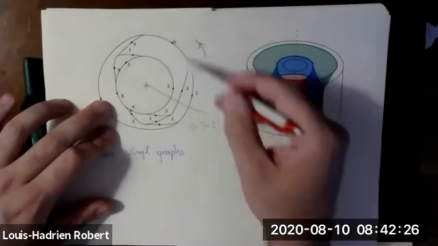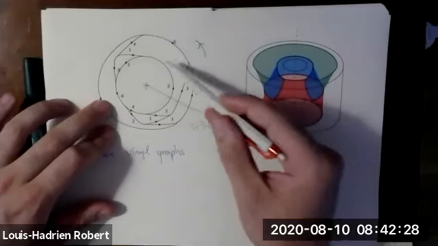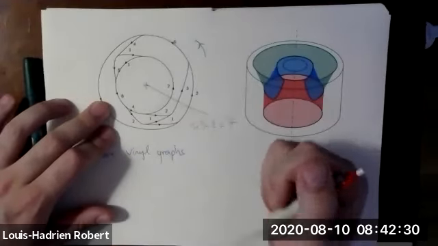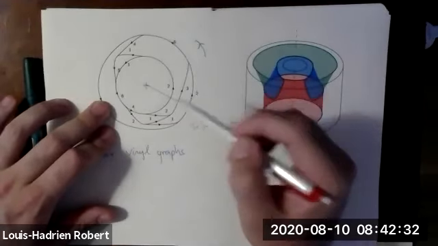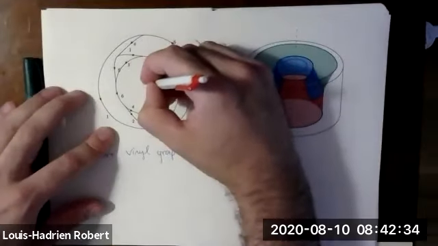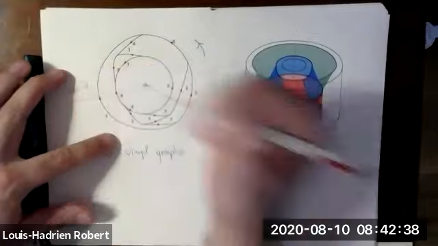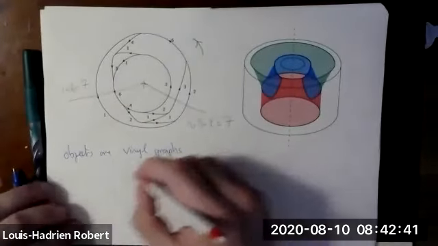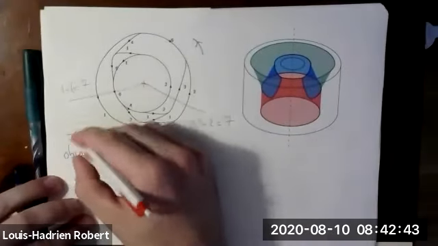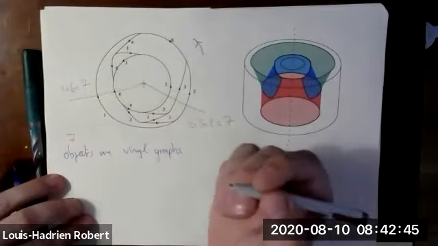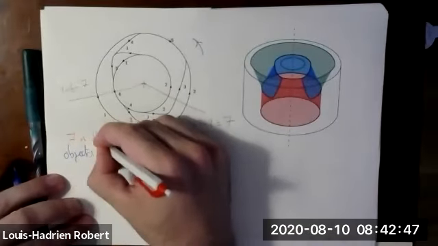This number is an invariant of the graph because of the flow condition I have. If I cut somewhere else, maybe here I have 1 plus 6, and this is 7. So this is the index. 7 is a magic number. 7 is the index.